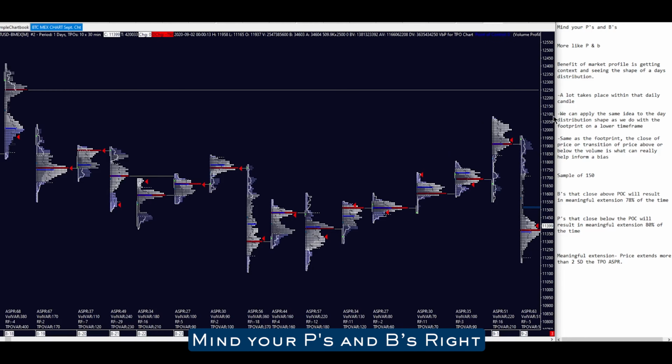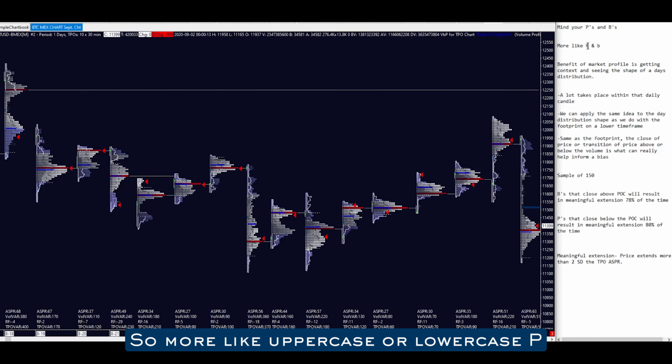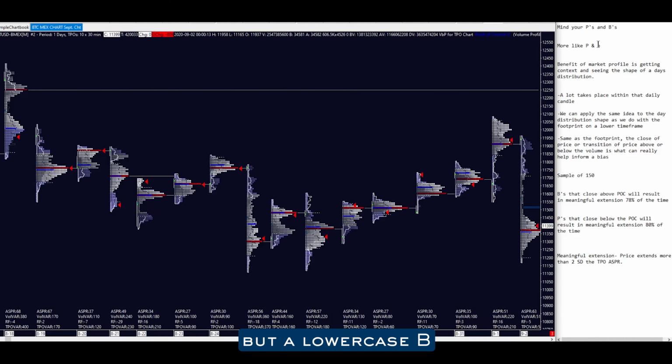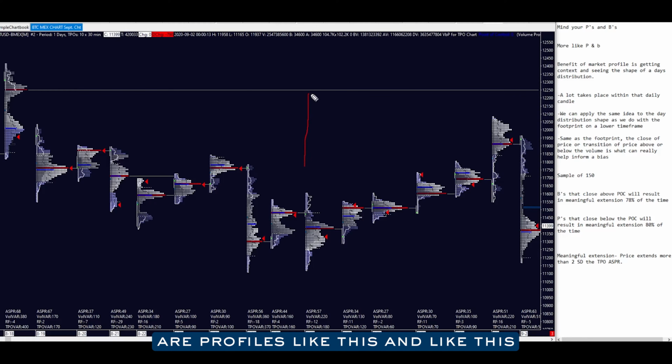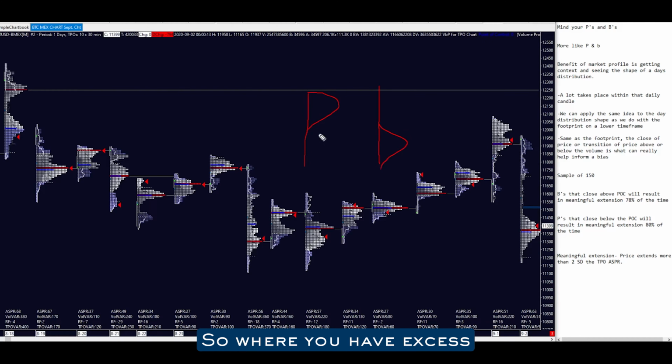Mind your P's and B's, right? So more like an uppercase or lowercase p, but a lowercase b. And I say that because what we're talking about are profiles like this and like this. Where you have excess at the low and most of the distribution at the high in the case of the p, and excess at the high and most of the distribution at the low in the case of the b.